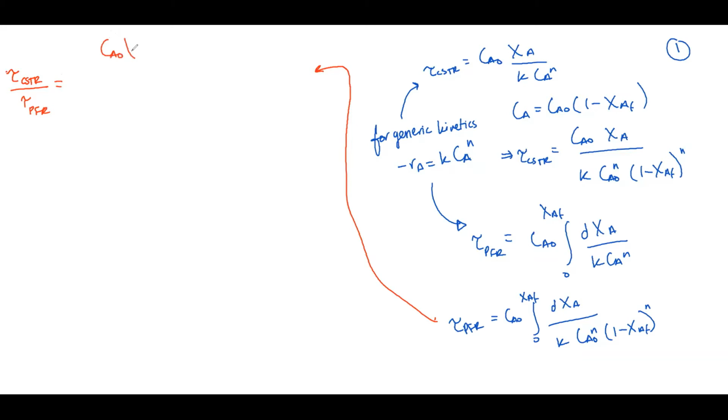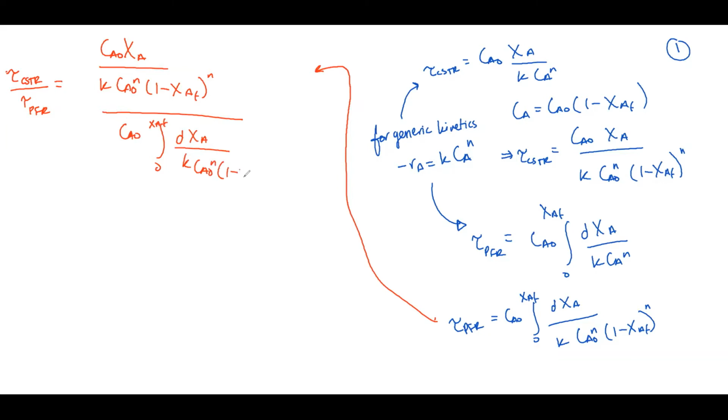CA0 XA over k CA0 to the n 1 minus XAF to the n, divided by CA0 integral 0 to XAF dXA over k CA0 to the n 1 minus XA to the n.